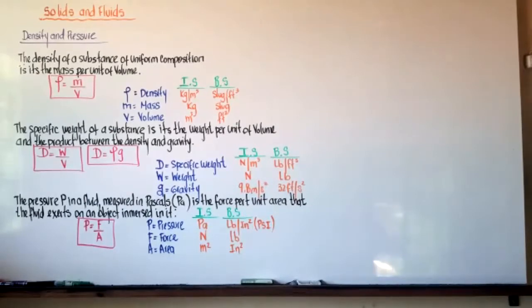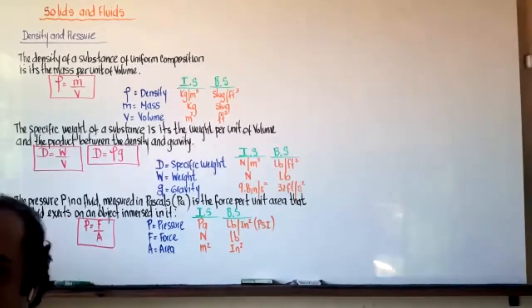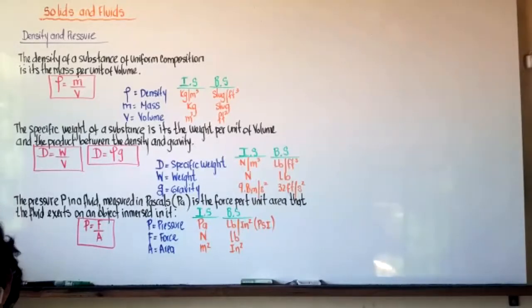The capital letter D is a symbol representing specific weight. The mathematical symbol for density has a name in the Greek alphabet: rho, R-H-O. This is the name of the letter that represents density.